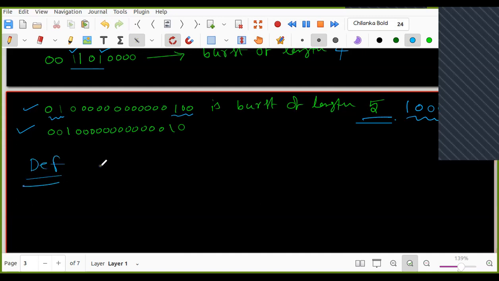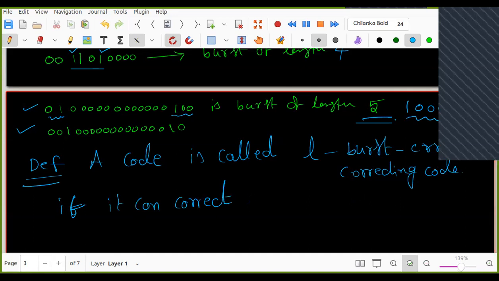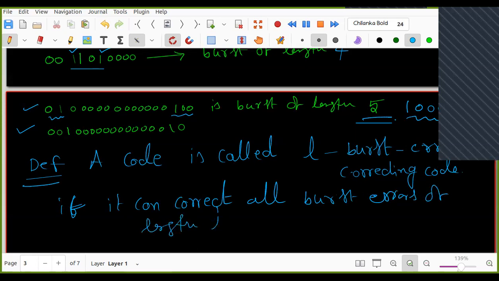A code, a capital C, a collection of code words, is called an L burst error correcting code if it can correct all burst errors of length L. Of course, less also.